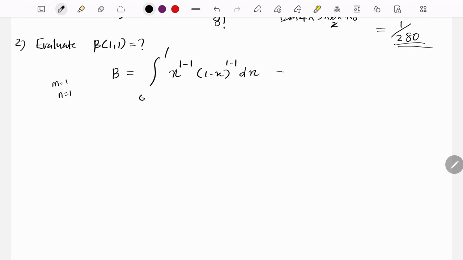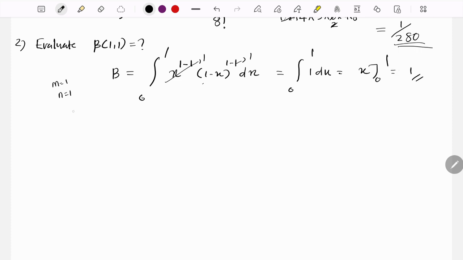Okay, so this is equal to the integral from 0 to 1. This is 1 minus 1, 0, that is equal to 1, and this is also equal to 1. So this is 1 dx, that is x from 0 to 1, that is 1.